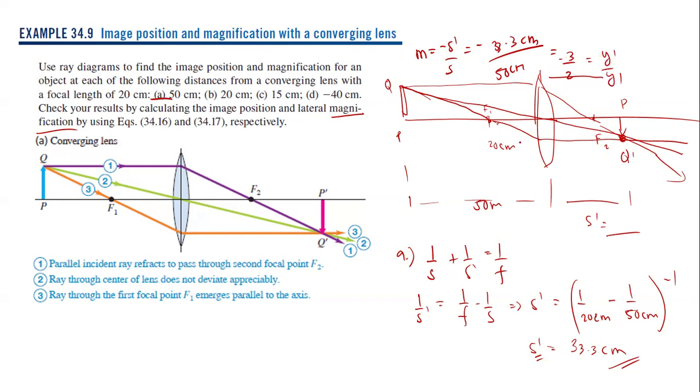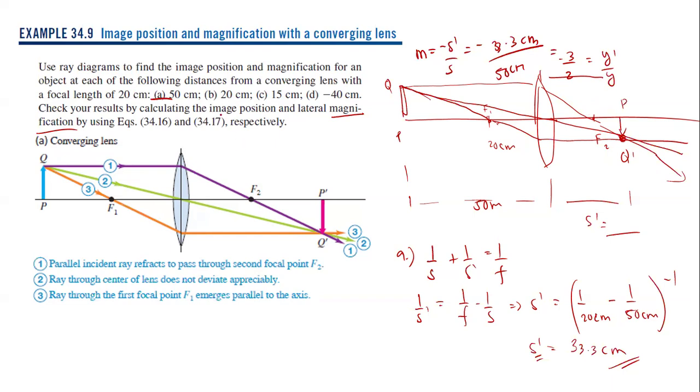That's the ratio. If you know this height, you can get the other height using this lateral magnification. So make sure that your graphical method agrees with the computational or analytical method.